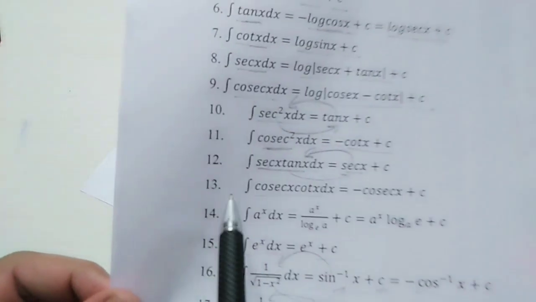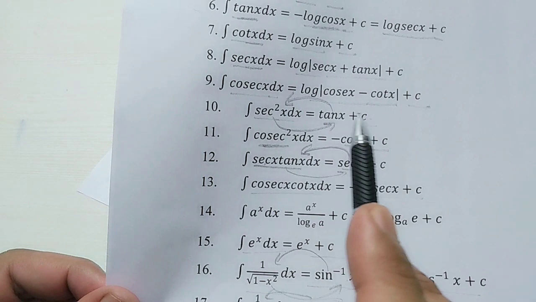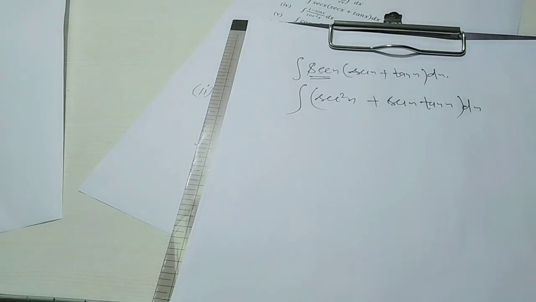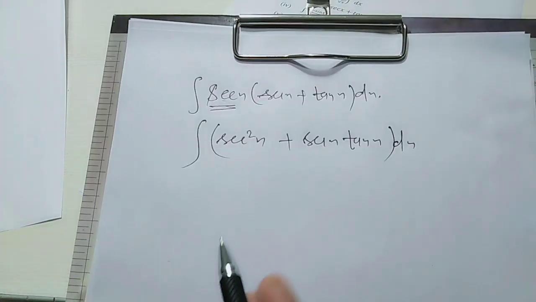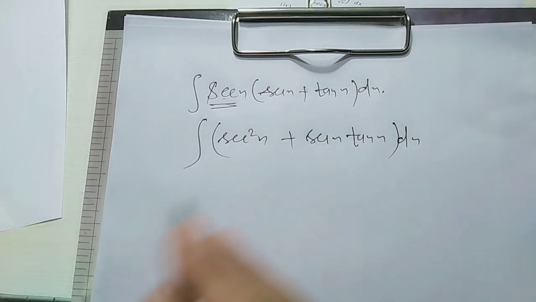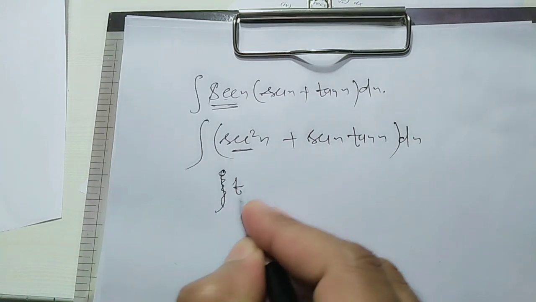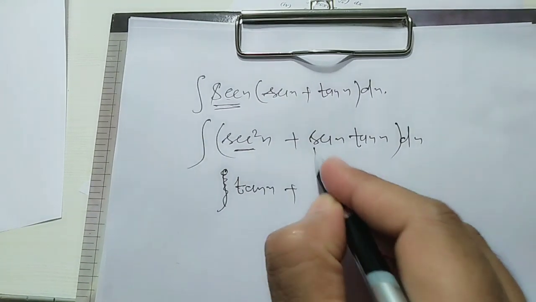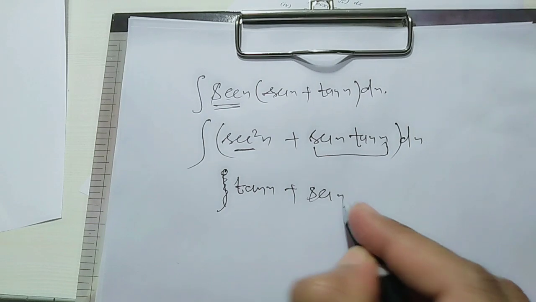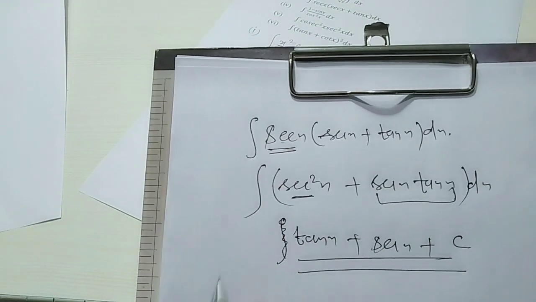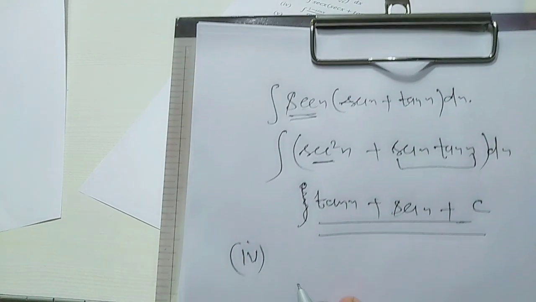Remember the integration of sec square x is tan x and integration of sec x tan x is sec x. So the whole thing is depending upon how you are memorizing the formula. So integration of sec square x is tan x, and integration of sec x tan x is sec x, and plus c. This is your answer.